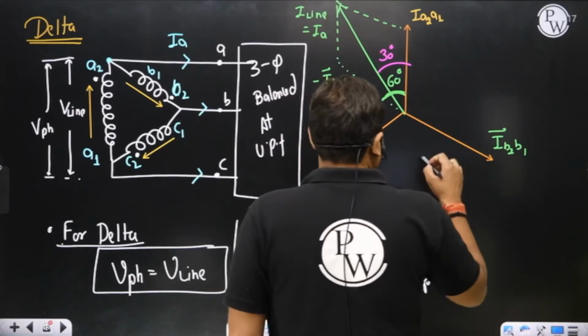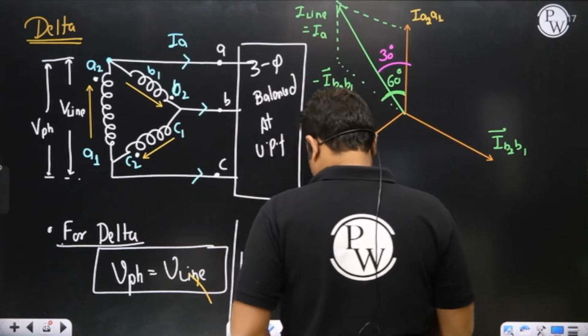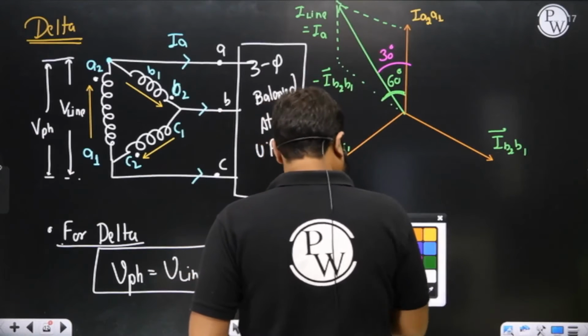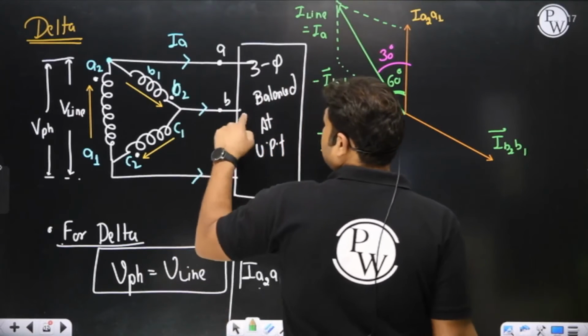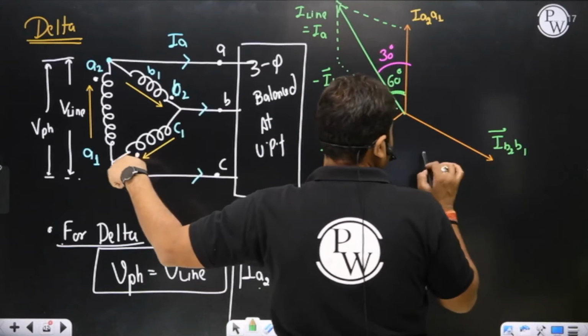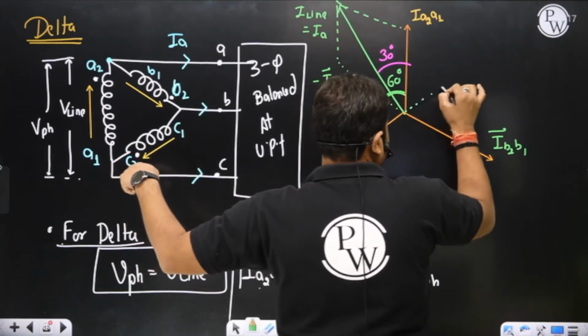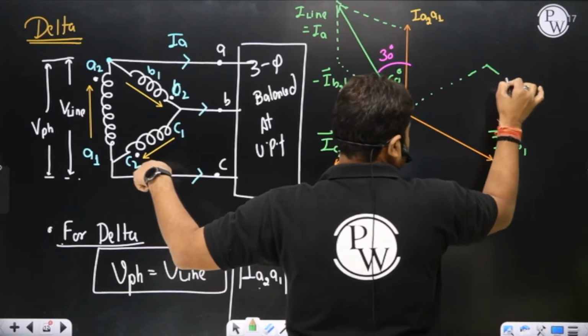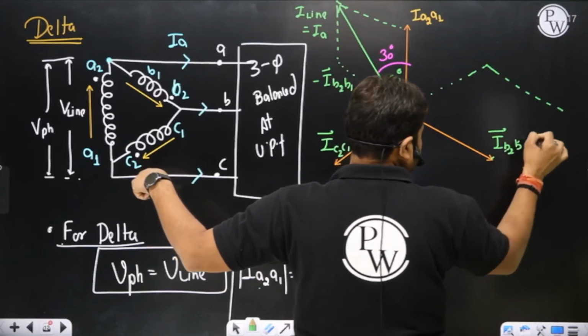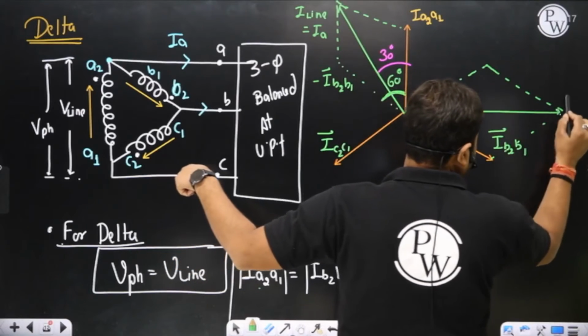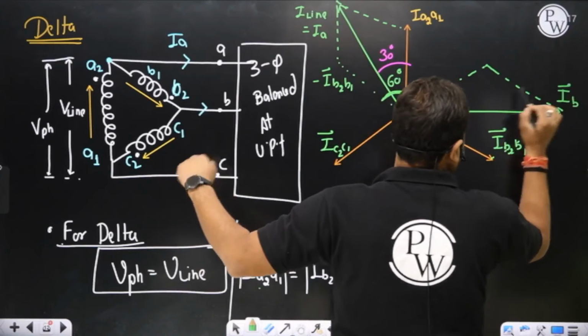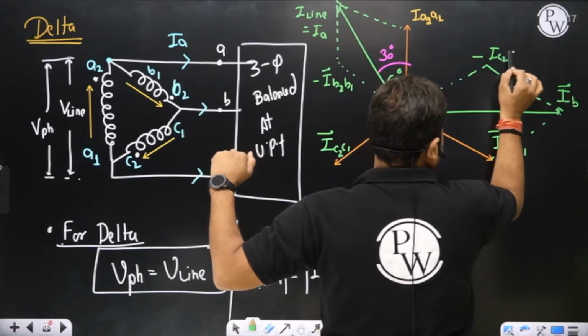Further, if you want to calculate IB, what is the value of IB? Sir, IB will be equal to IB2B1 minus IC2C1. So IB2B1 minus IC2C1, this will be your IB. Is it okay? Yes, sir.